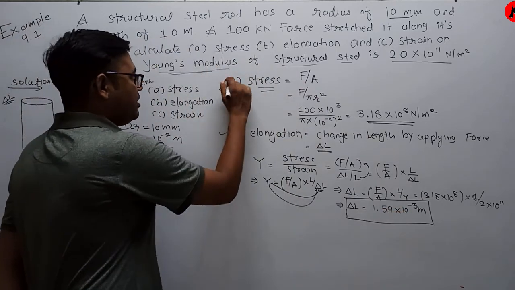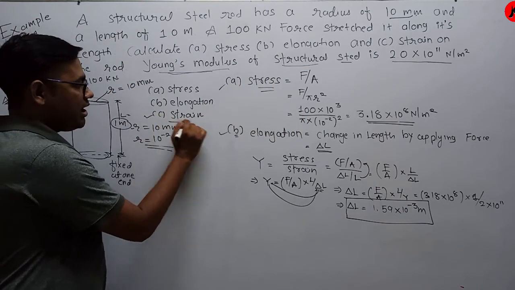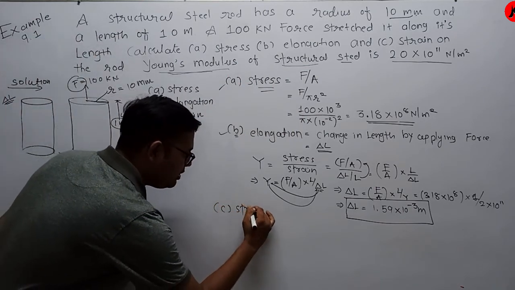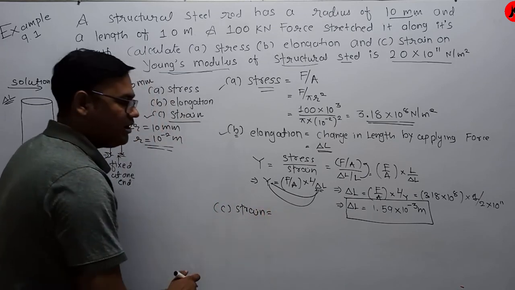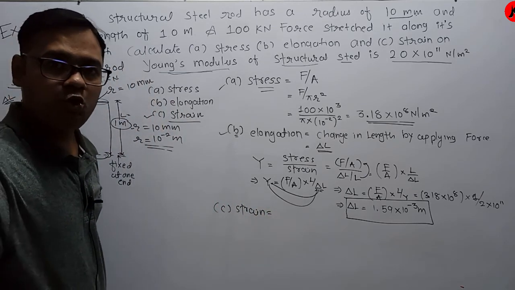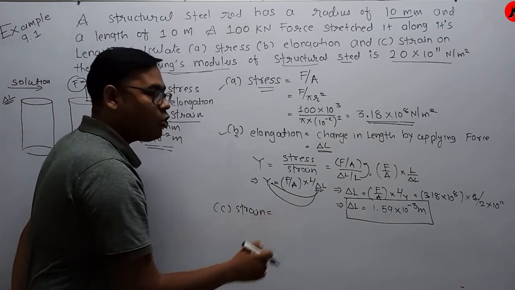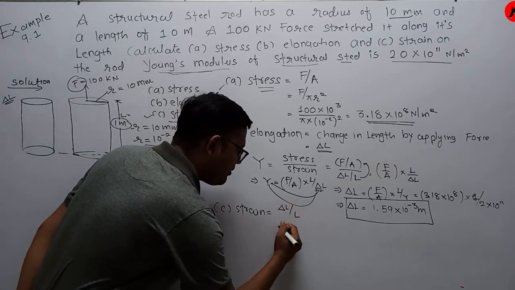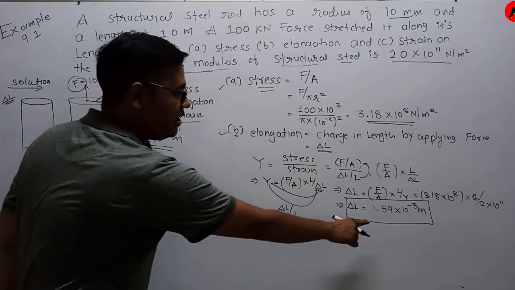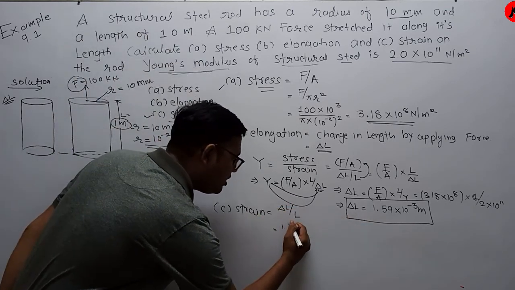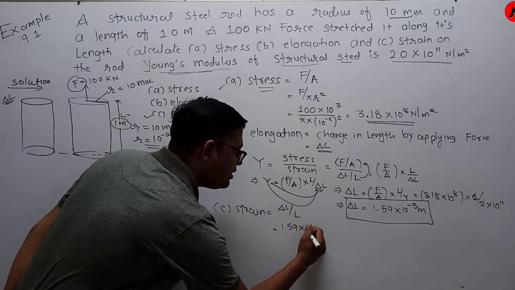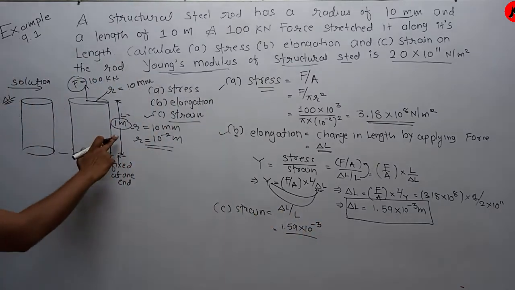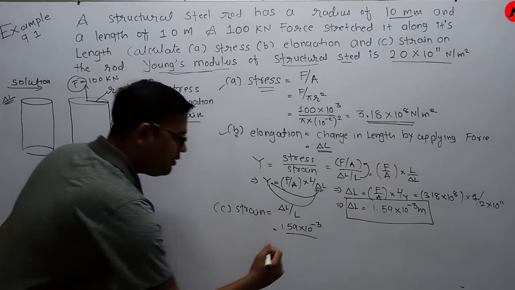We have calculated A and B. Now C is to calculate strain. Strain is nothing but the change in length to the original length, so the equation of strain is delta L by L, where delta L is 1.59 into 10 raised to minus 3 divided by the length of the steel rod, which is 1 meter.